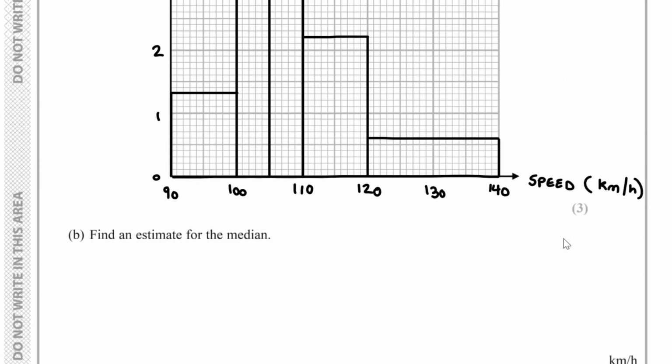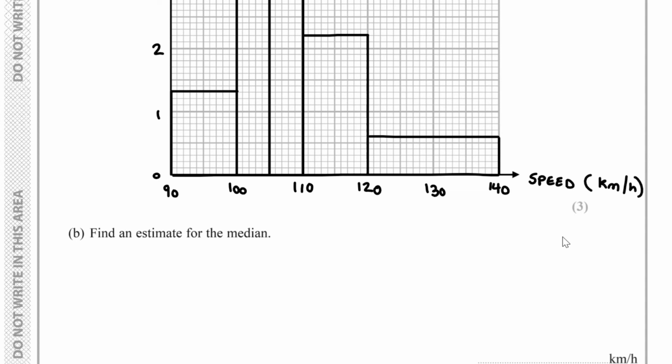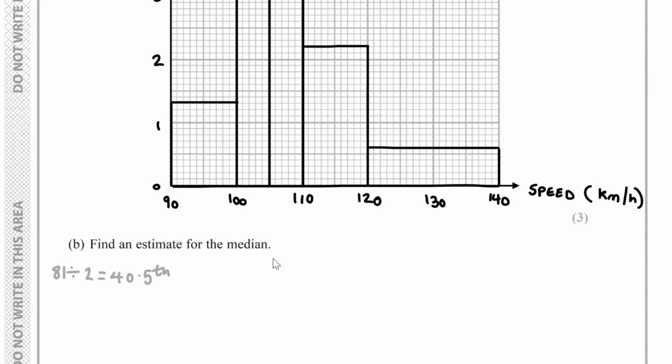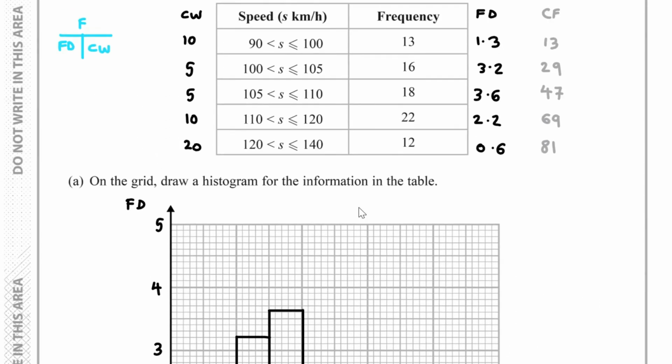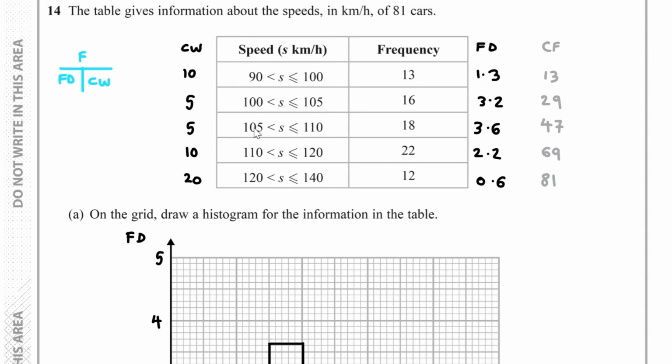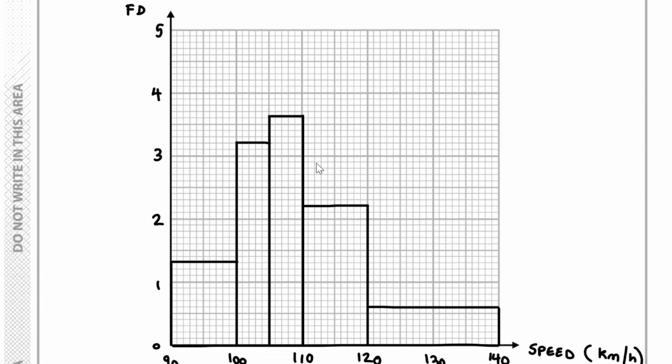Okay, so half of 81, so if I do 81 divided by 2, this is going to be 40.5. So we want the 40.5th value, and you can see that lies in this interval here between 105 and 110.